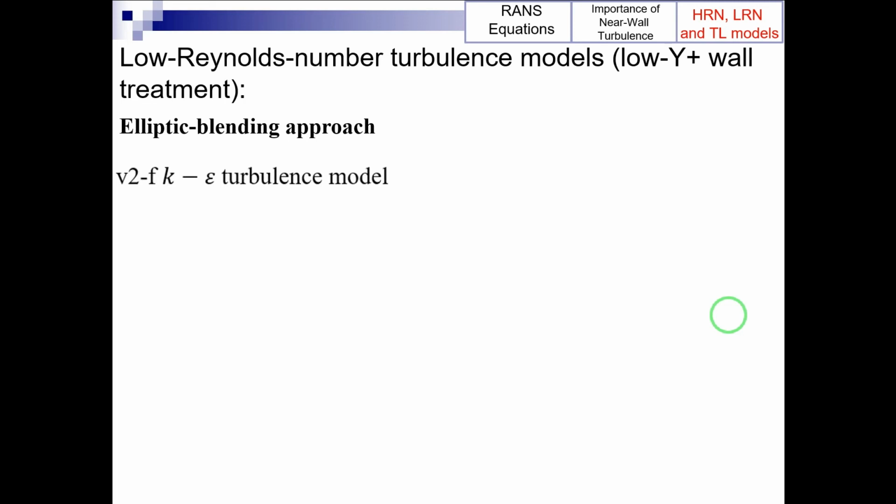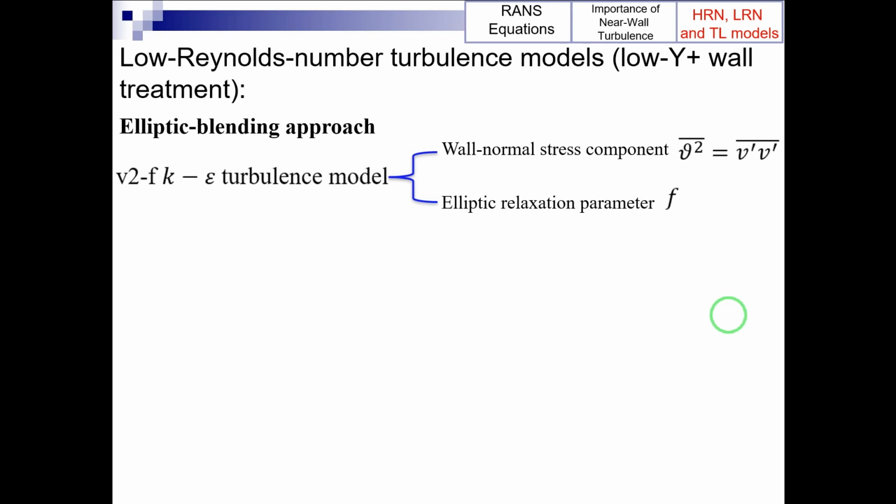To determine the eddy viscosity, this model, in addition to turbulence kinetic energy and turbulence dissipation rate, solves 2 additional transport equations for 2 more turbulence quantities. First is the wall normal stress component V2, and also the elliptic relaxation parameter f, as we can see here.